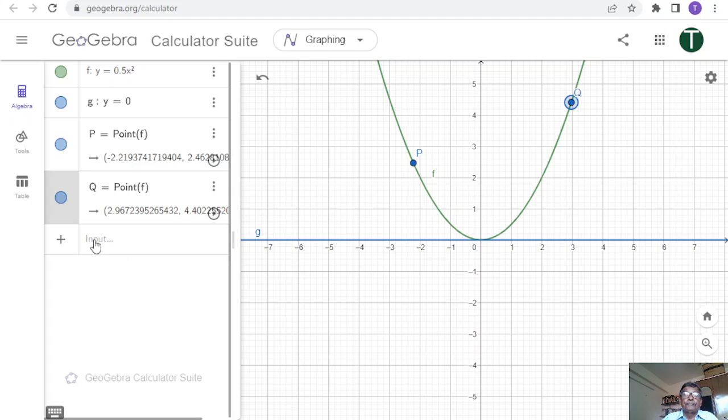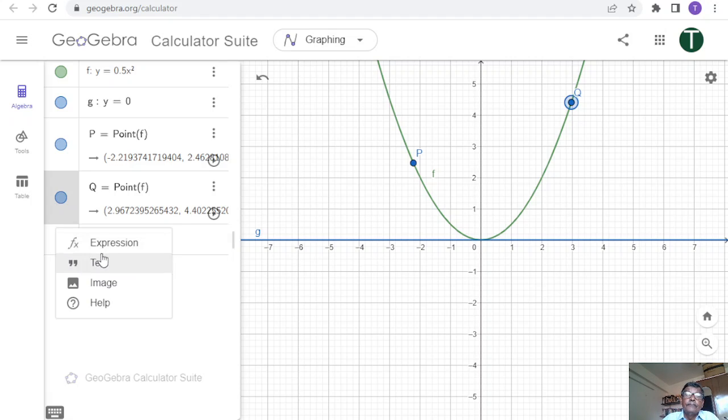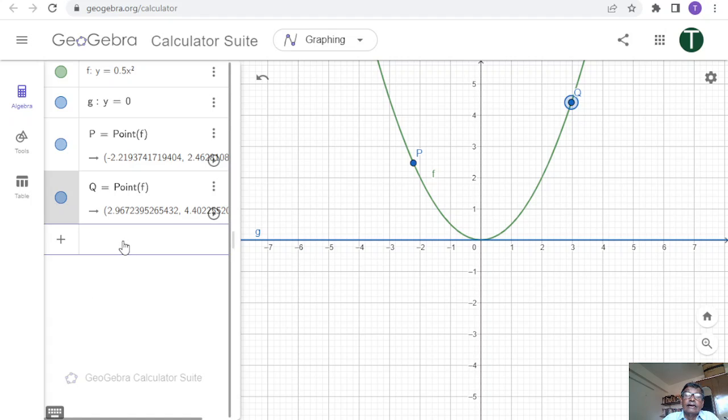So here I write the instruction, integral.